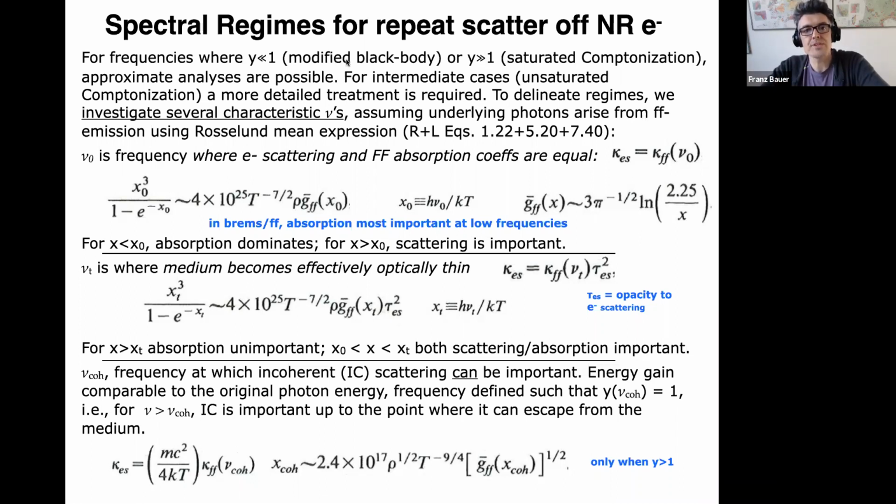And then you have another regime where you can calculate things, which is what we call a modified black body, where we have a thermal distribution and a very low number of scatterings, or low Comptonization, and then we can approximate this analysis. And in doing this, these are regimes where we have repeated scatter off of non-relativistic electrons. And so these are two cases we can solve.